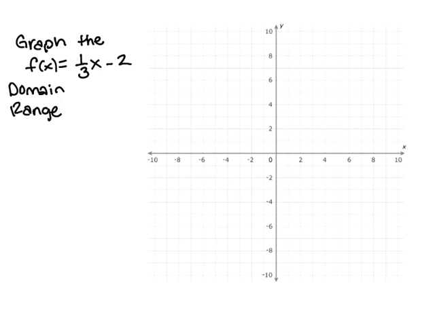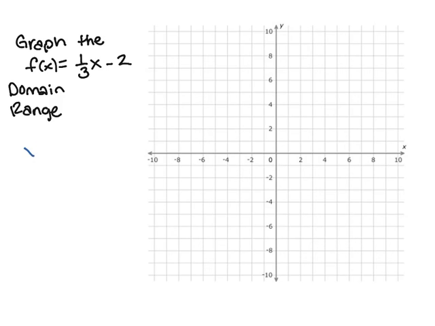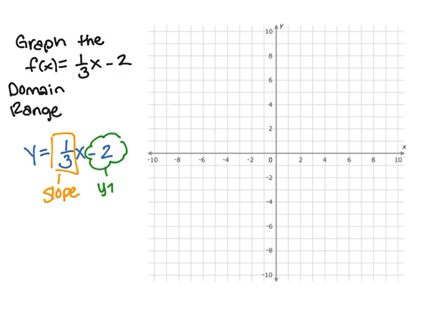Okay, so if you're asked to graph this equation, you know that f of x stands for y, and that's 1/3x minus 2. So we know that 1/3 would be our slope, and then -2 would be our y-intercept.